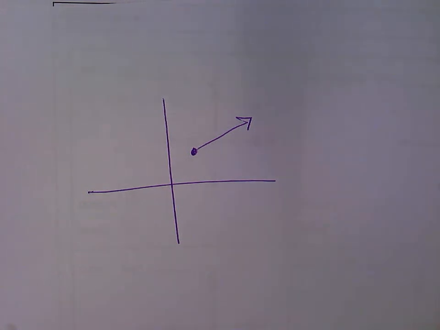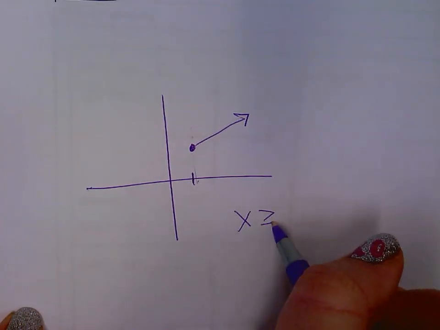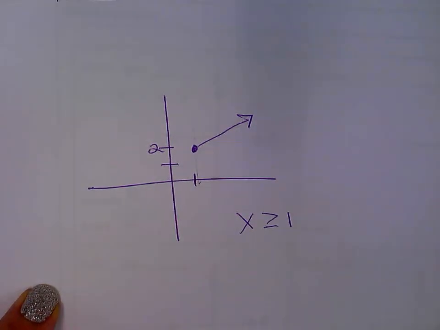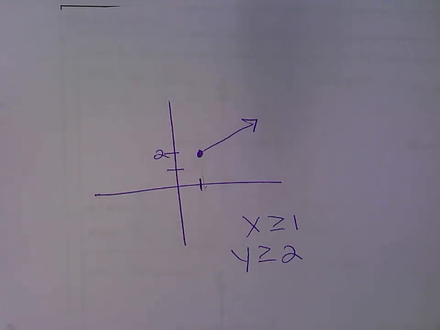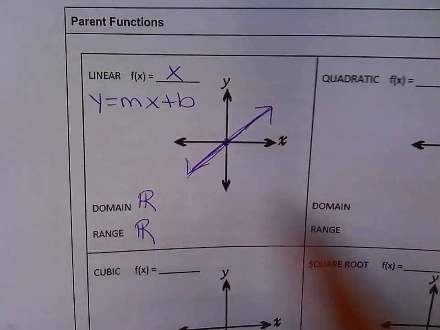It might have a domain that starts at 1, where x is greater than or equal to 1. It might have a range that starts at 2, where y has to be greater than or equal to 2. So just because it's linear doesn't mean the domain and range have to be all real numbers if it's a ray. So that's something to look out for, but if it's arrows in both directions, you're good.